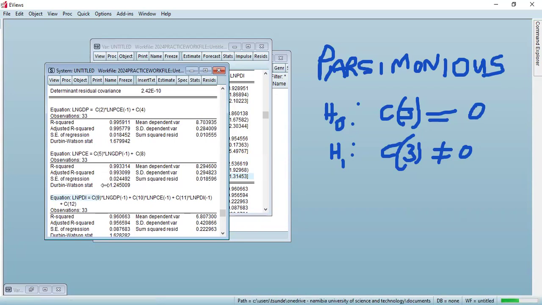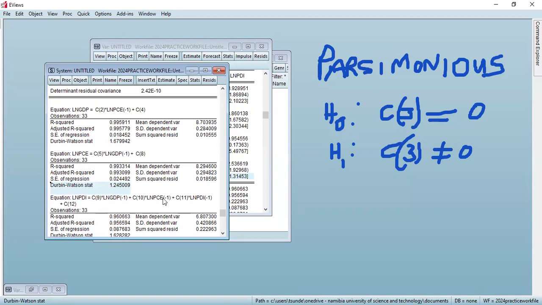But the challenge here is that this second equation appears to have autocorrelation. This one does not have autocorrelation. This one may not have autocorrelation, but the second one does, because the DW is too small. It is autocorrelation because there is a PCE that was here in the previous model that we estimated.